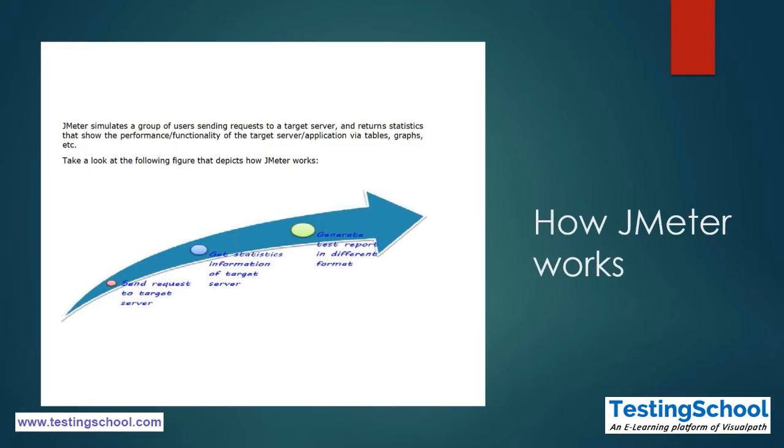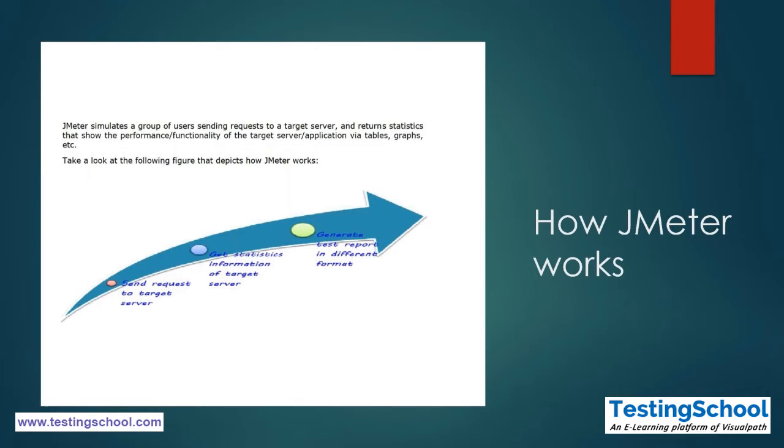It will send a request to the target server, gather all the responses as well as response times, how much time it took for a particular service or request to get the response from the target server, and it will accumulate all the information, gather all the statistics and show you in your report.